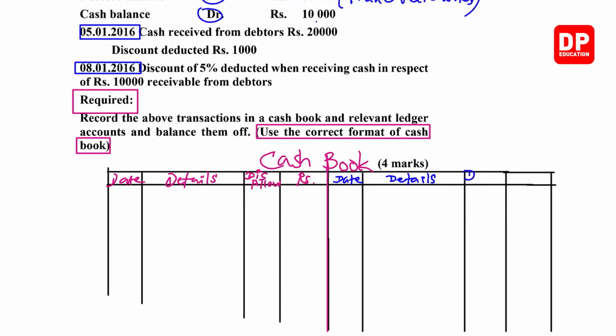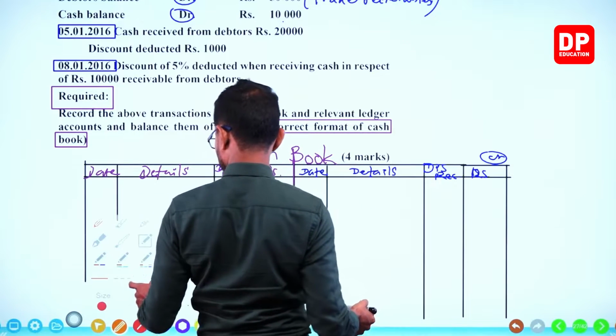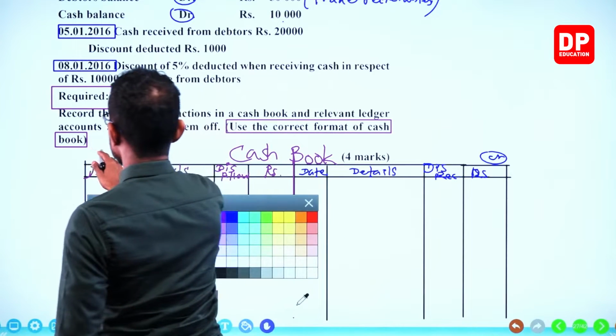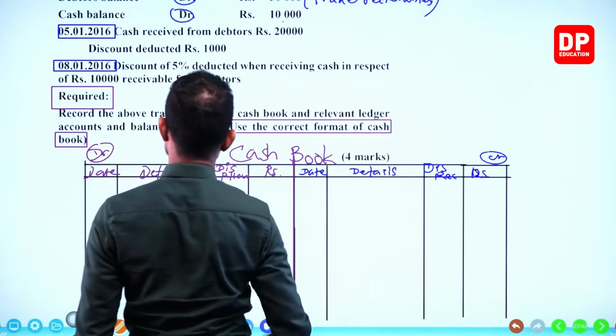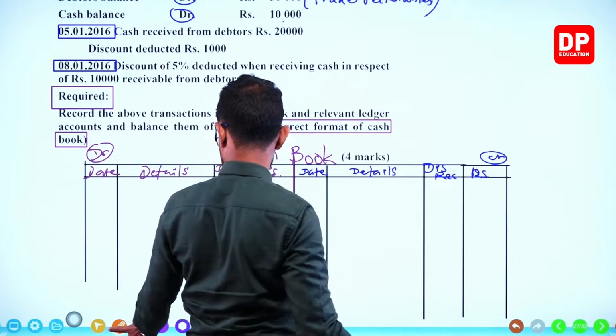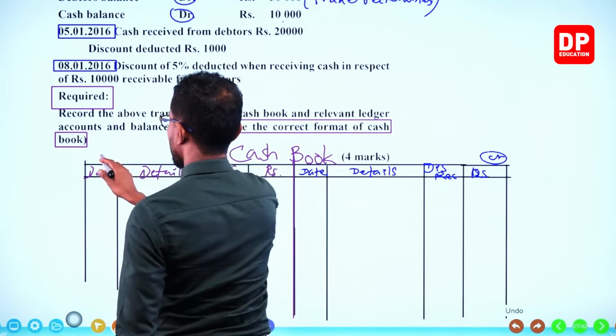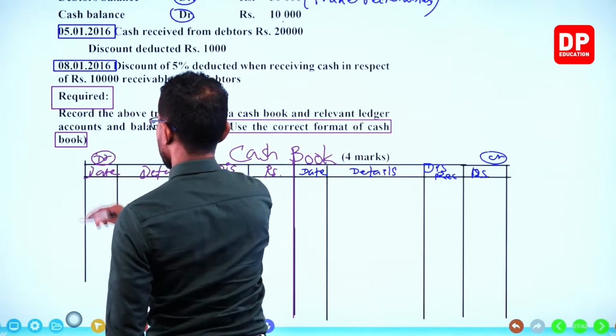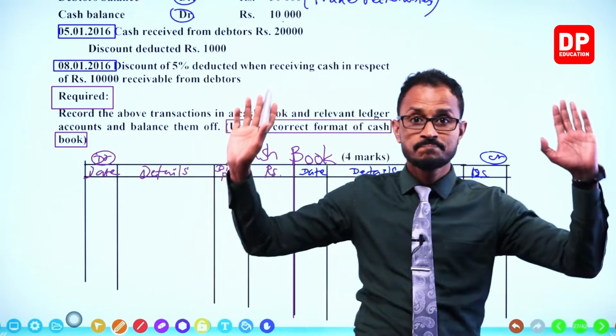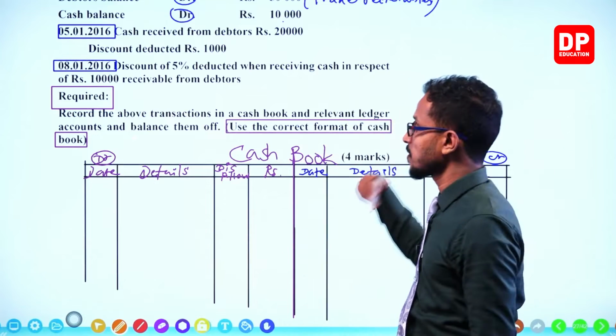This side, credit side, discount received and rupees. Okie dokie, this is the credit side and this is the debit side. Done.